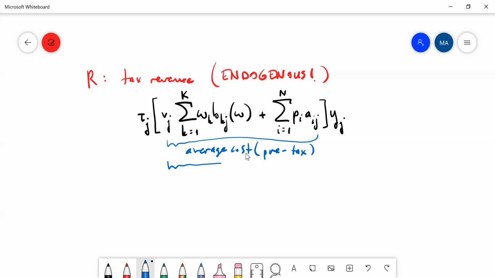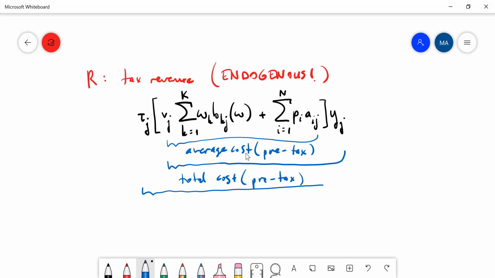This is average cost before the tax. This is total cost before the tax, pre-tax, okay? And then this is total tax paid by firm J, right?